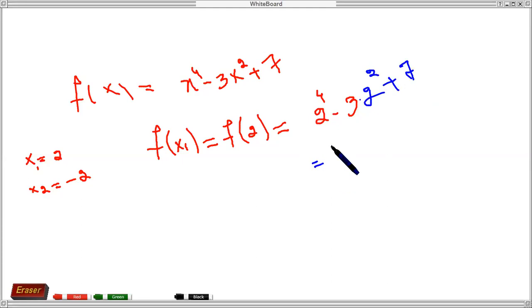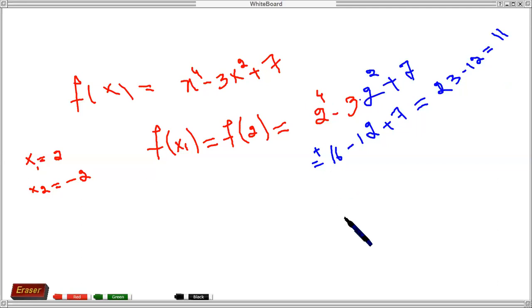So 2 power 4 is 16, minus 2 square is 4, times 3 equals 12, plus 7. So 16 plus 7 equals 23, and minus 12, equal to 11. Result is plus 11.